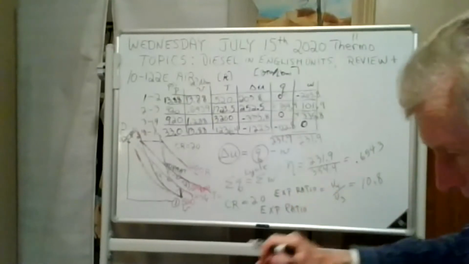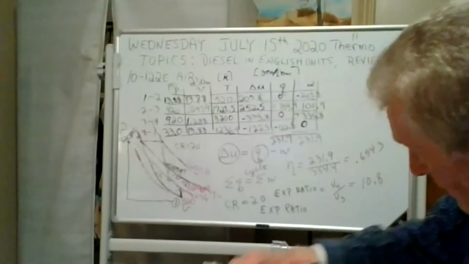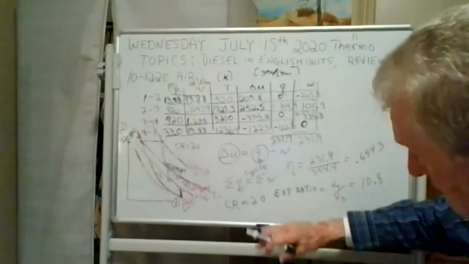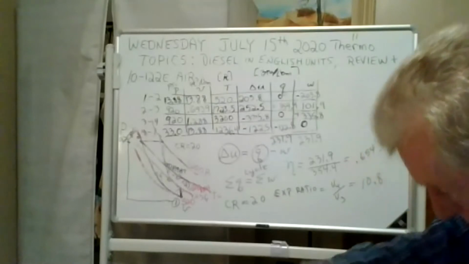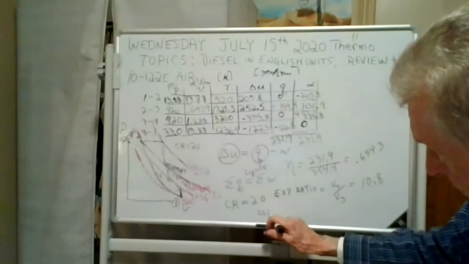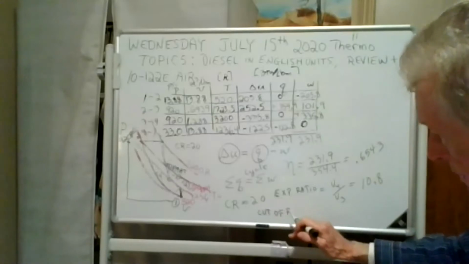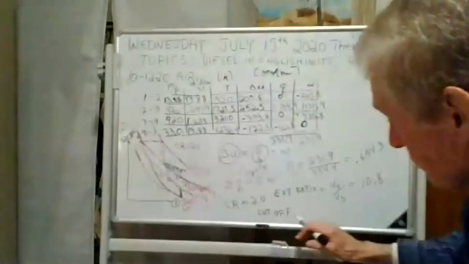Unless you're designing diesel engines someday, I'm not going to ask you this on an exam, but they exist. They have another thing called the cutoff ratio. The cutoff ratio is the V3 over V2.